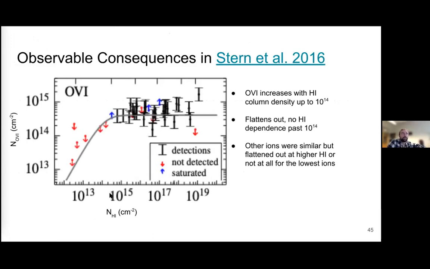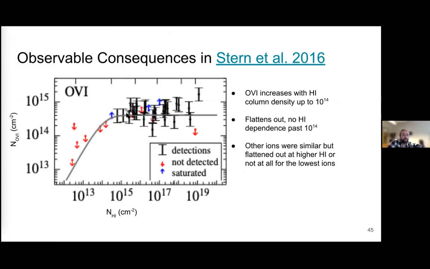Here's oxygen 6 column density as a function of hydrogen 1 column density in the COS-Halos data. What they found was that if you increase your hydrogen 1 column density, first you increase your oxygen 6 with it, because if you don't get enough hydrogen, that means you're not going through a cloud dense enough to even contain oxygen 6.